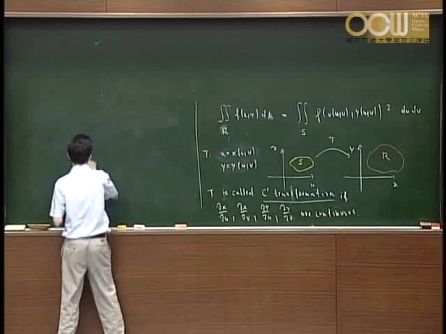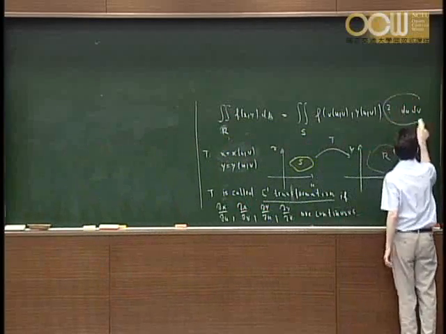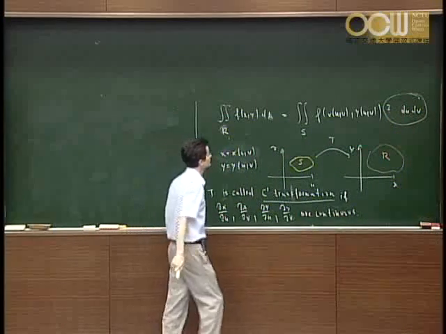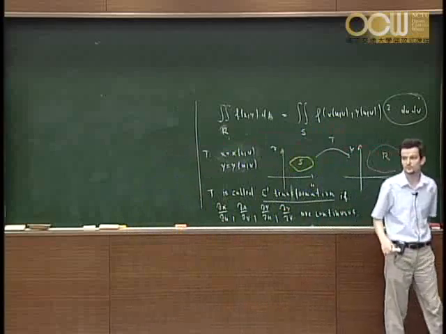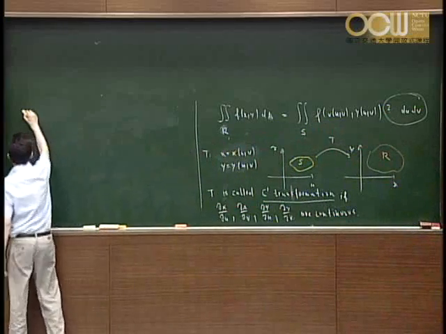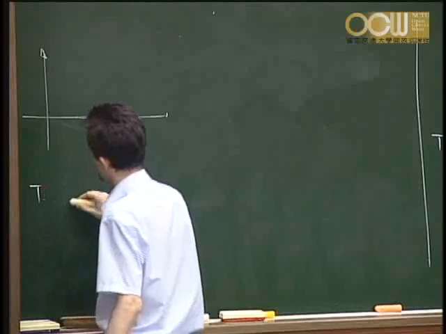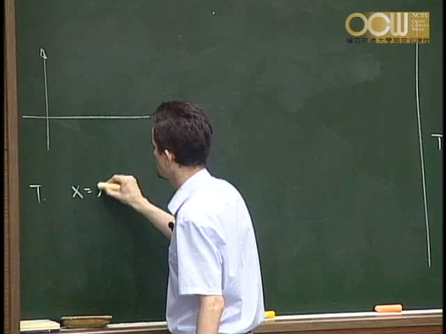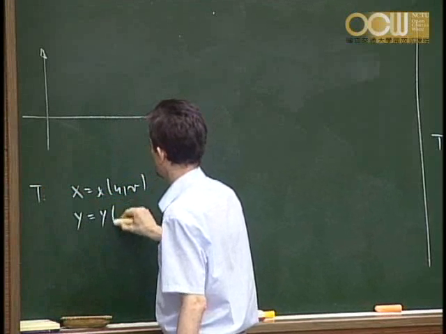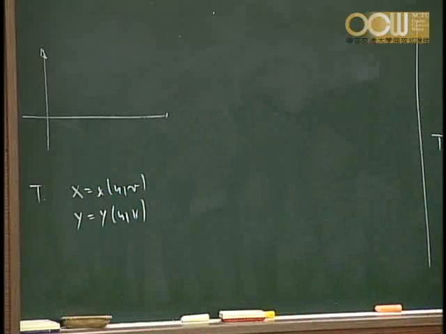Now, the question which we haven't solved yet is this one here. If you do such a substitution in general, what happens with the dA? This is the general question we want to solve. For this, we look at the following. Let's assume we are given a C1 transformation, of course, which maps the UV plane onto the XY plane.